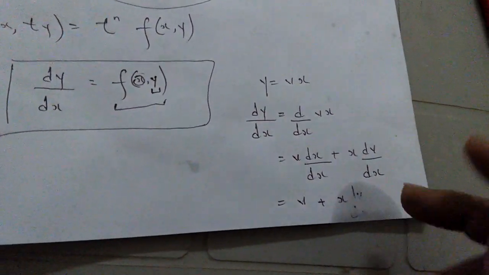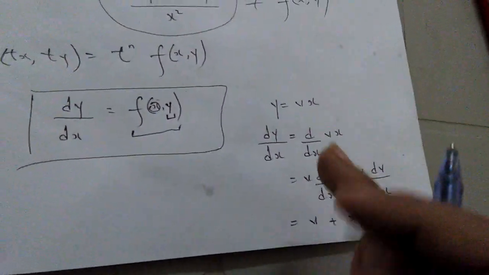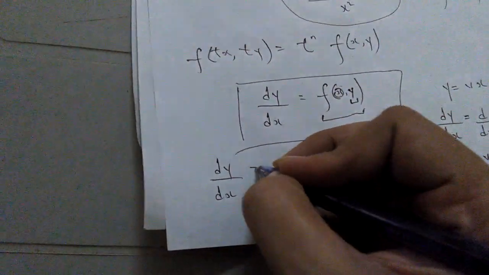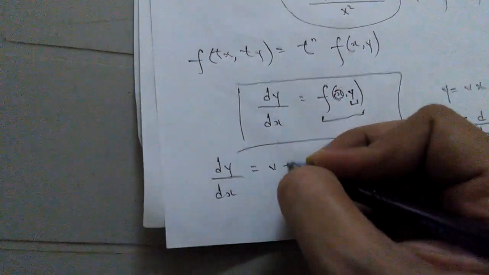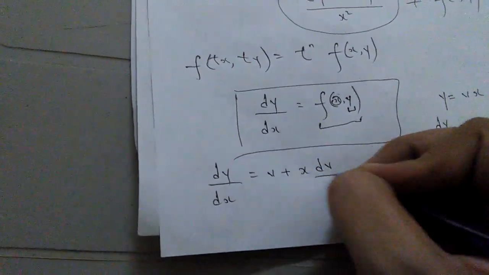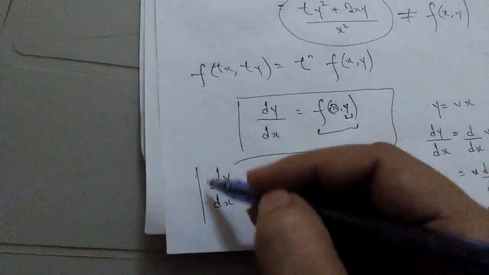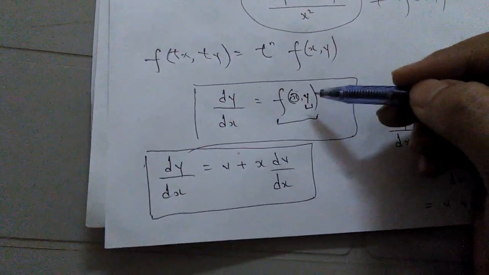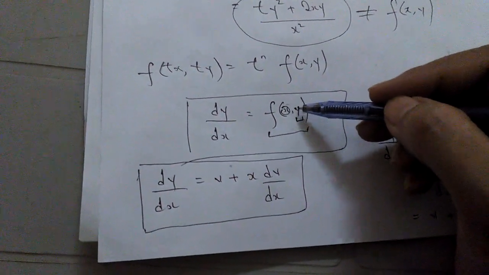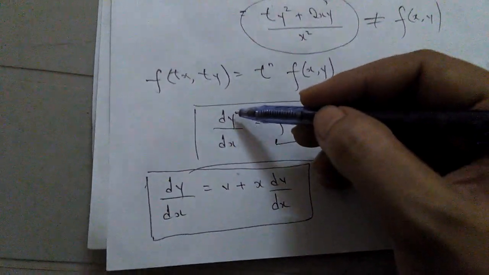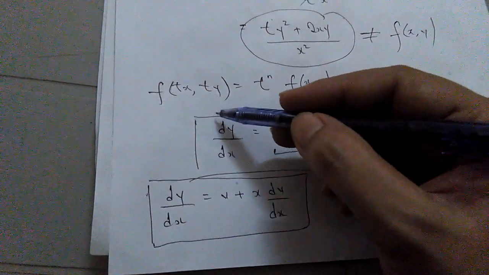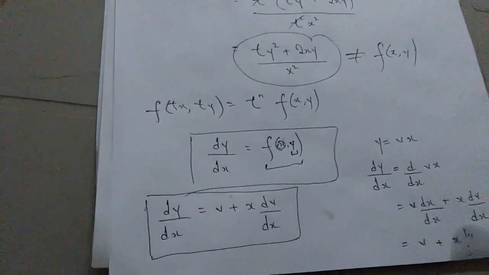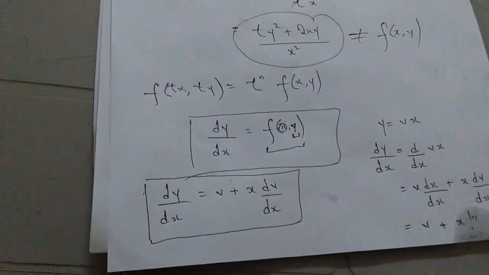So it is v plus x times dv by dx. Whatever the function you have here, you replace this variable with v times this variable, and you replace this derivative by means of this expression. Then afterwards we restore everything back.